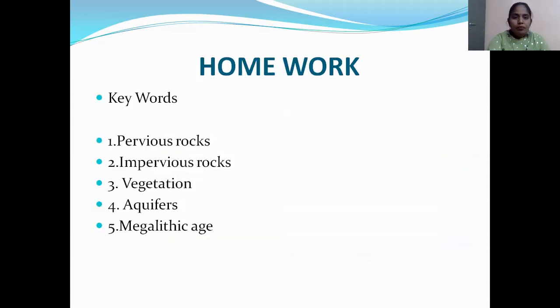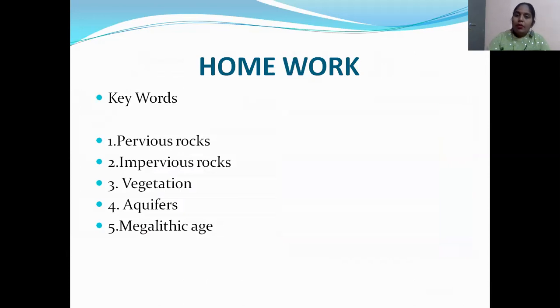Now let's talk about your homework, children. Because we have concluded the lesson, we are left with only notes. You have to write the keywords: pervious rocks, impervious rock, vegetation, aquifer, and megalith age. Is that clear to you? I want everyone to upload your homework within 24 hours.